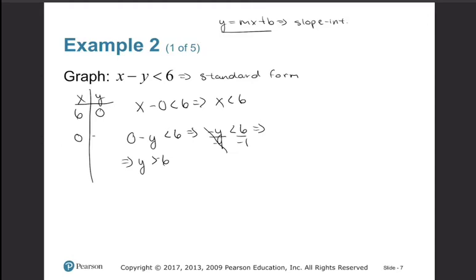Okay, so I have this. Do you notice something changed? I hope you did, because we started with 0 minus y is less than 6. Then we know that 0 doesn't affect it in any way. So we have negative y is less than 6. Then it all went from this to y is greater than negative 6. So this is a hint or note.